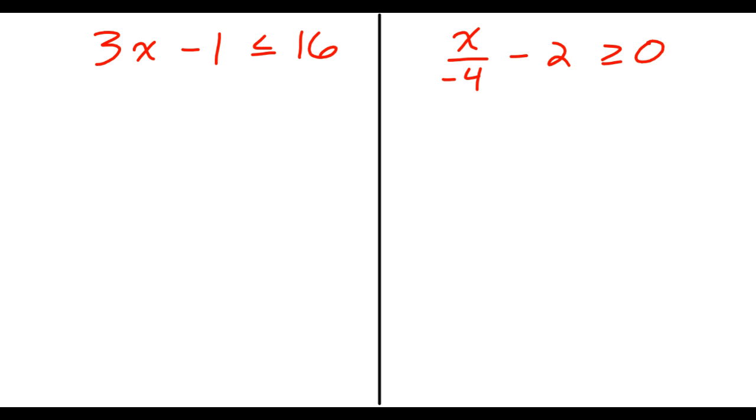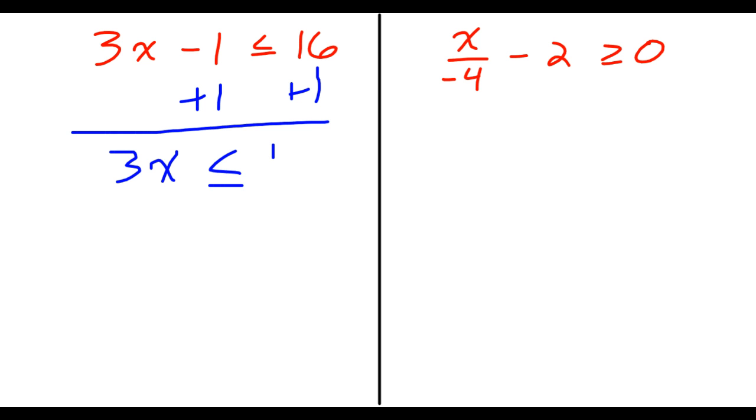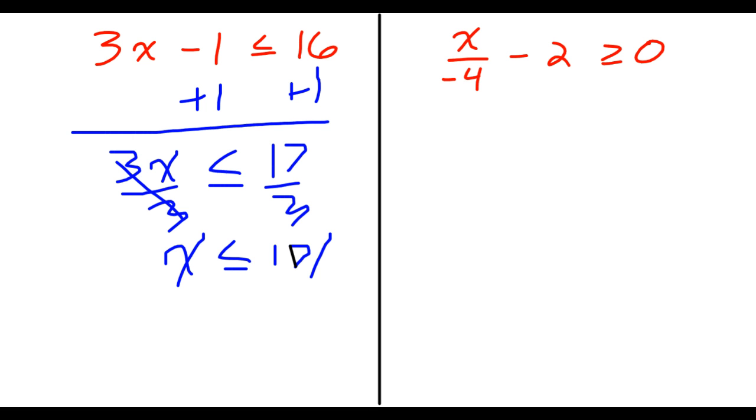So for the one on the left, we're going to add 1 first to get 3x is less than or equal to 17, and then divide by 3. This is a repeating decimal, so we're going to leave it as a fraction and have x is less than or equal to 17/3, which if we were to turn it into a decimal would be 5.6 with the 6 repeating.